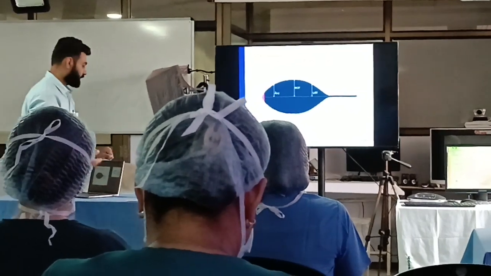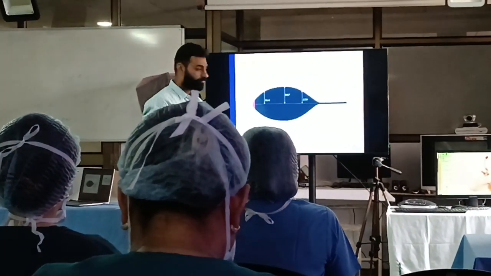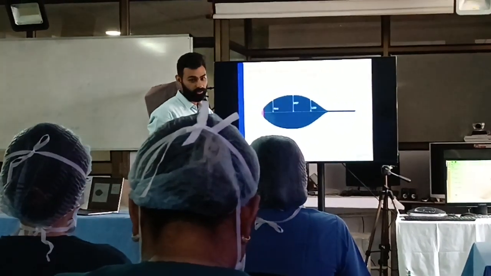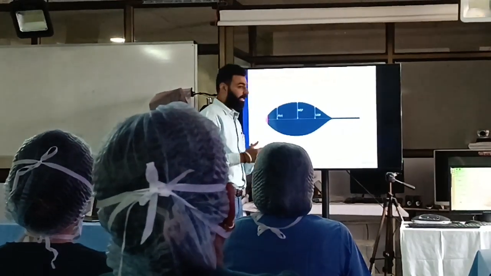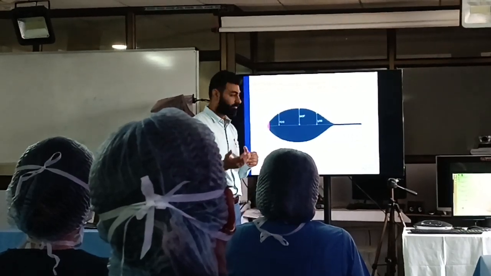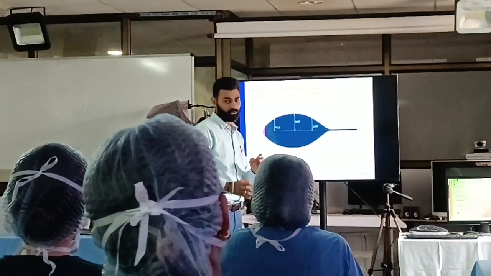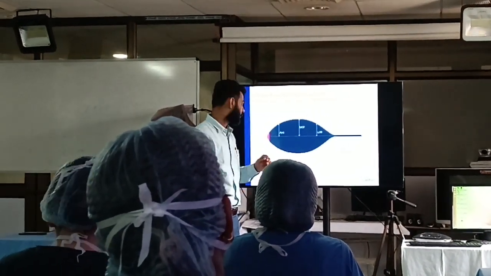So if you can see, this is our parameters range. So this is CT, basically clotting time, and this magenta part is CFT, that is clot formation time. So clotting time, clot formation time, this is basically amplitude. Amplitude after 5 minutes, 10 minutes, 15 minutes, 20 minutes, and 30 minutes. And this is basically maximum clot firmness, the strength of the clot, whether the strength of the clot is good or not.